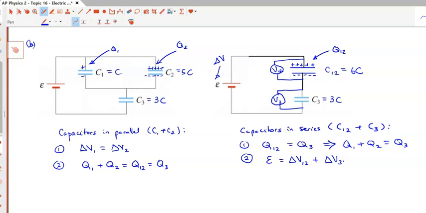Okay, so we're going to have those ideas hopefully straight in our head as we continue to now try to figure out if we can rank the voltages and also rank the charges. So we're doing part B and C together.